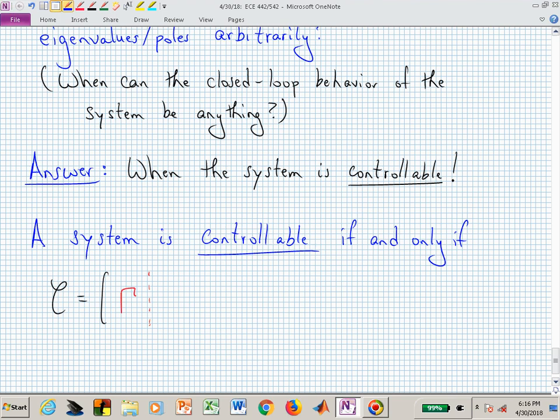Gamma has to be compatible with the equation that it's found in, plus gamma u of k. The number of rows in gamma has to be consistent with the number of elements in your state vector. So it has to be Nevada tall. This controllability matrix has n rows. How many columns does gamma have?